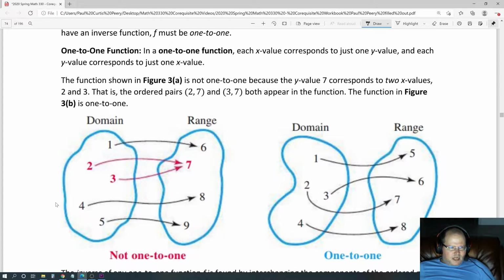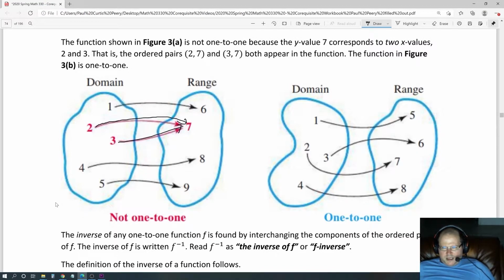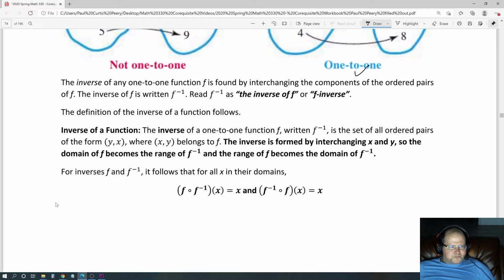And the reason the first one that I have on the left is not a one-to-one function is because both 2 and 3 go to 7. So since both 2 and 3 give you a 7, this is not a one-to-one function. Whereas if you look the other way, every x value corresponds to one y value, and every y value corresponds to one x value. So that's what makes the second one a one-to-one function.